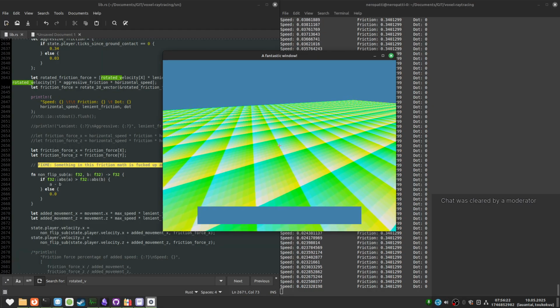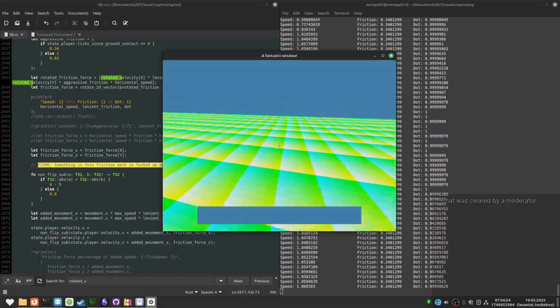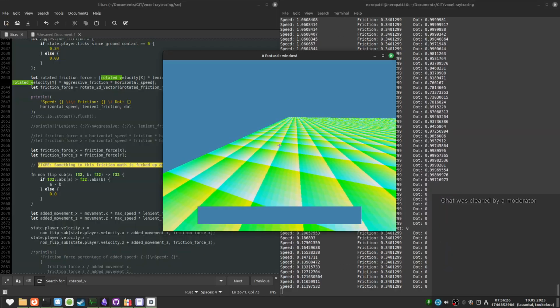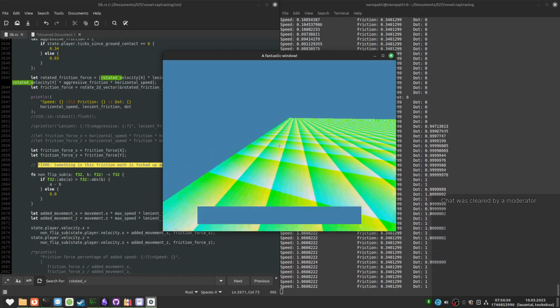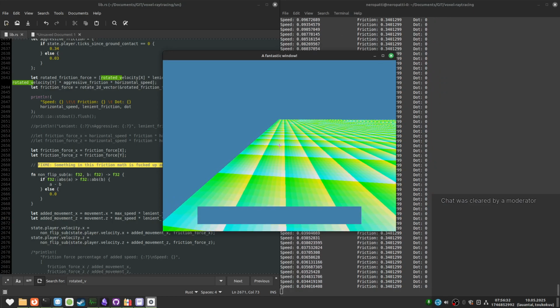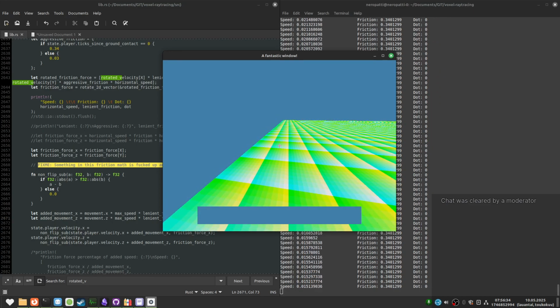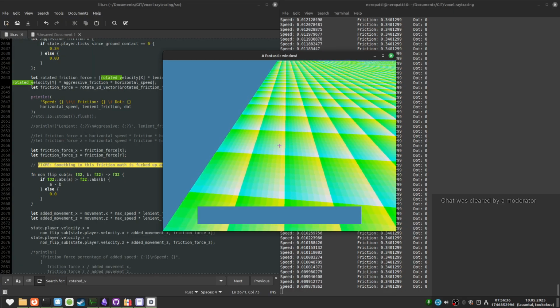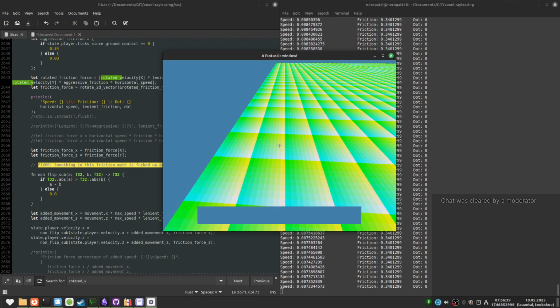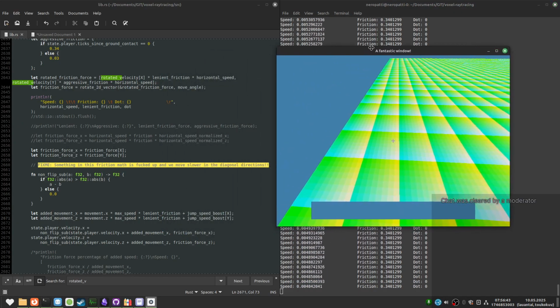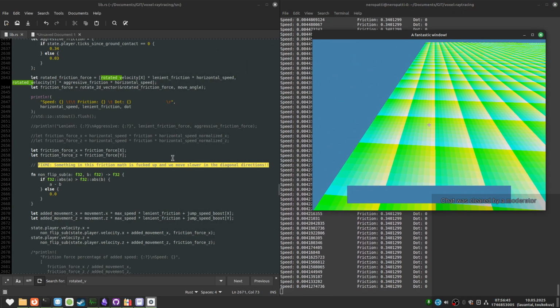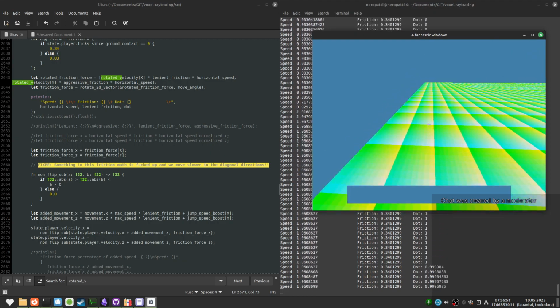But only the direction that... Well... I have no clue what's going on. Why is the friction so low? What? And the lenient friction isn't even that low. Why are we doing this? No, I don't like this.